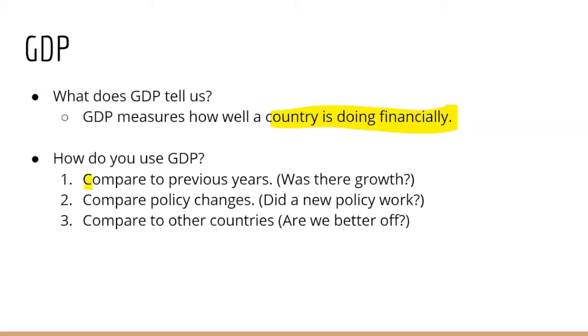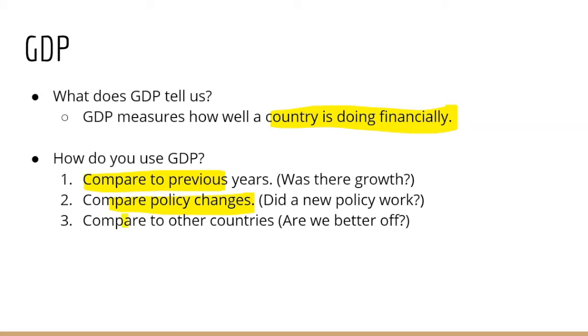One, compare it to previous years. So we can look at the 2020 GDP in the United States and compare it to the 1993 GDP of the United States, and we can say, was there economic growth or not? Two, we can compare policy changes. So we can compare President Trump's policies to President Obama's policies and see which policy made more of an impact on GDP.